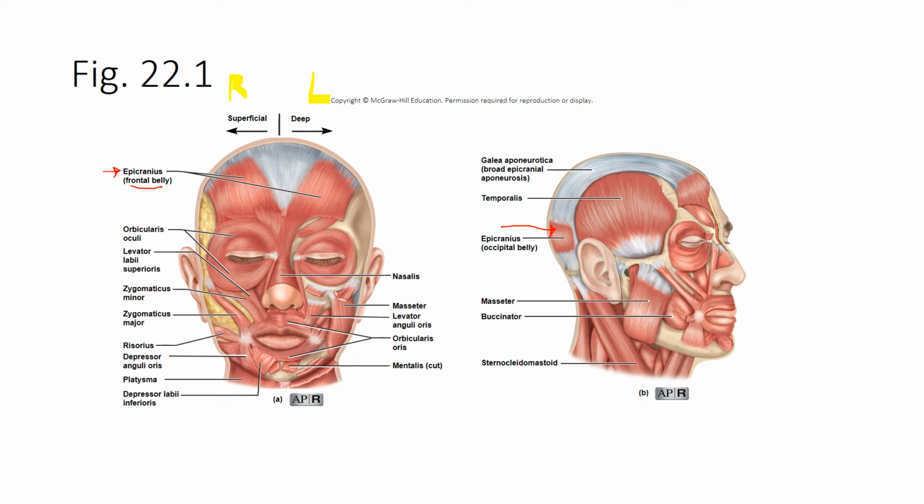Between them, you find this silver highway here, the tissue that connects or separates the frontal belly and occipital belly. We call this galea aponeurotica or broad epicranial aponeurosis. And as you know, an aponeurosis is this kind of sheath that separates muscles. So consider this as the highway between the frontal belly and the occipital belly.